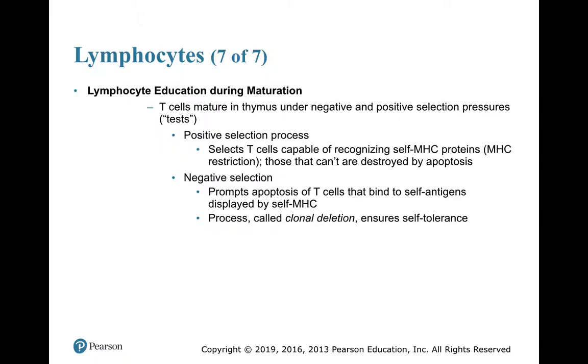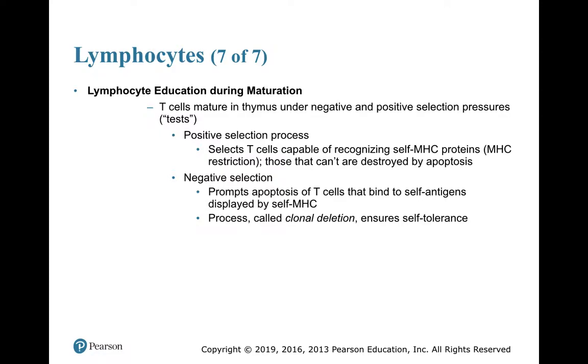T cells mature in the thymus, and they are under both negative and positive selection pressures. The positive selection pressure is going to select T cells that are able to recognize self-MHC, so they know that their antigen-presenting cell belongs to them, but not recognize it too well. Otherwise, they would go to negative selection.